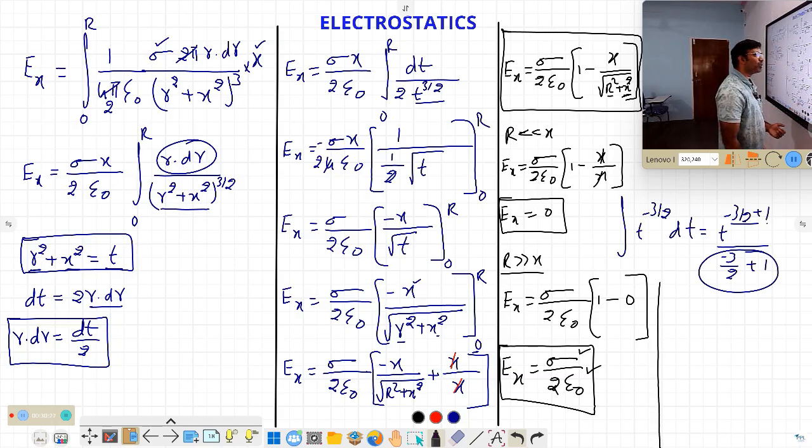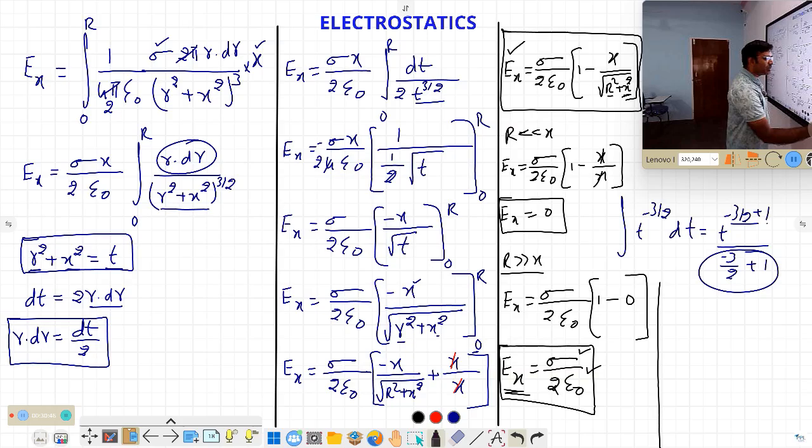This concept is most important in the case of a charged sheet, which we are going to discuss in the coming topic. The final conclusion is this formula for the electric field due to a charged disk at a distance of x. If the radius of the disk is very big, that is, infinite charges are present, the electric field is independent of distance.